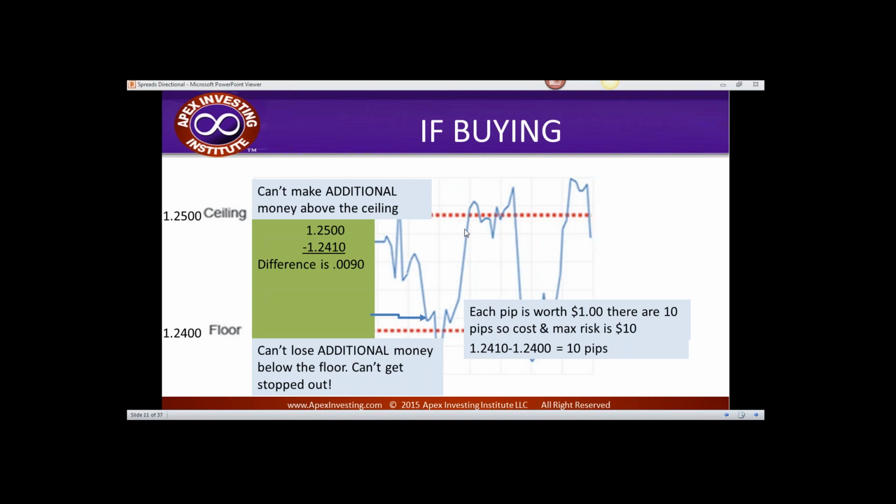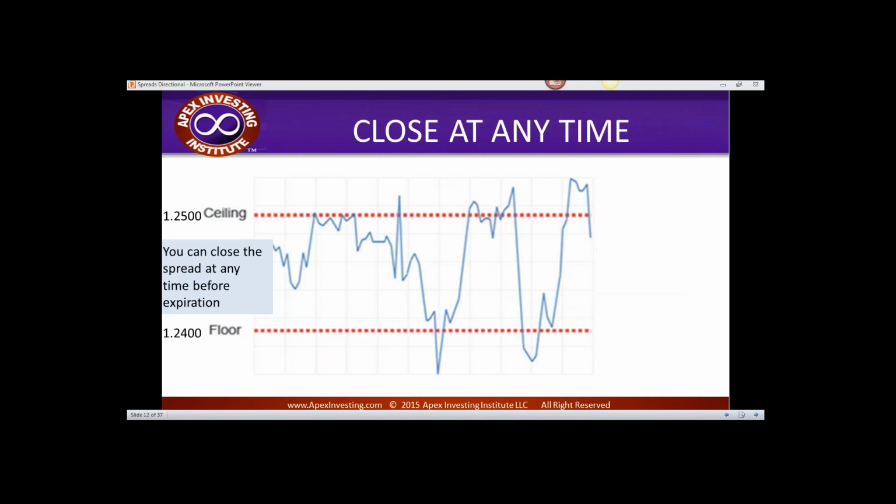Does that make sense? So the floor and ceiling are there as your max areas, but you can close early anytime to either protect profit or shorten a loss. We bought at a certain time, and we can close when it's here, there, wherever we want.